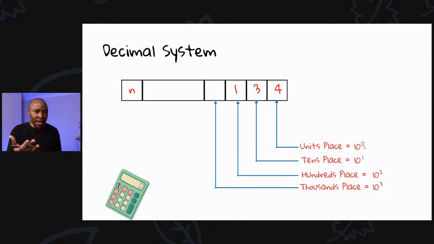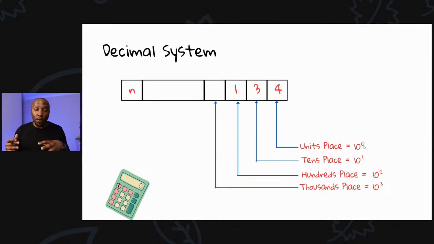And when you're dealing with decimal systems, when you get to 9, we get to 10, 11, 12. But from a decimal perspective, you got units that are raised to the power of 0, and 10 to the power 0 is 1. Then you got 10 to the power 1, which is your tens. Then 10 to the power 2, which is 10 times 10, which is 100, so your hundreds are 10 to the power 2.